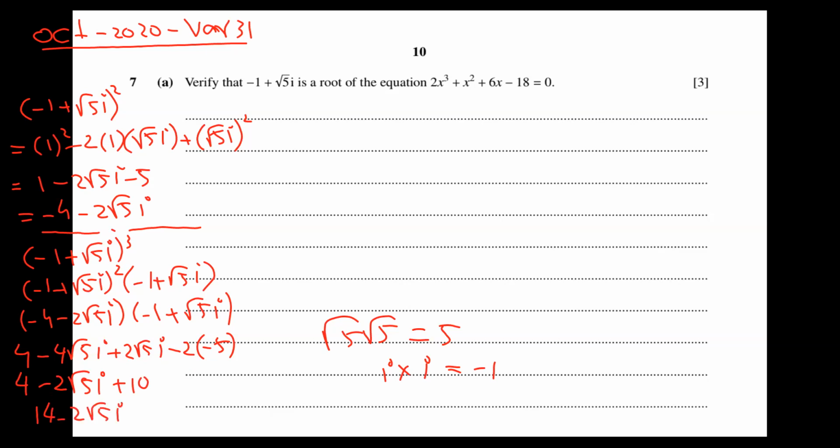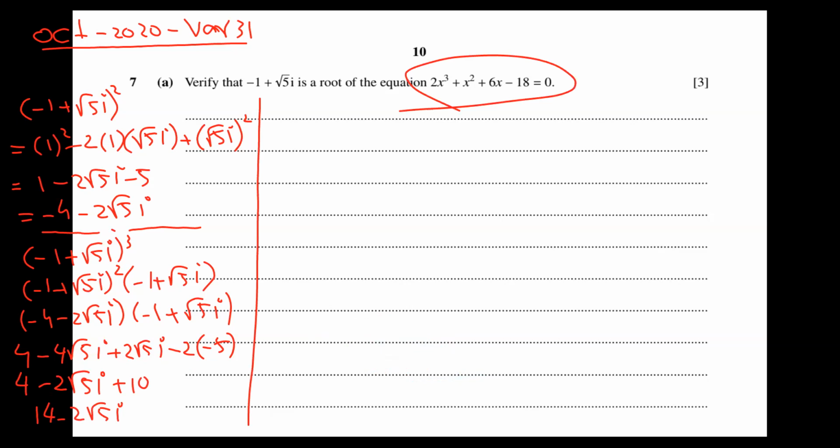And now I have everything, and I just plug in the values. Get ready. This is the question where I have to replace. To verify the root, I will replace every x by -1 plus root 5 iota. If I plug in here, I get the cube.